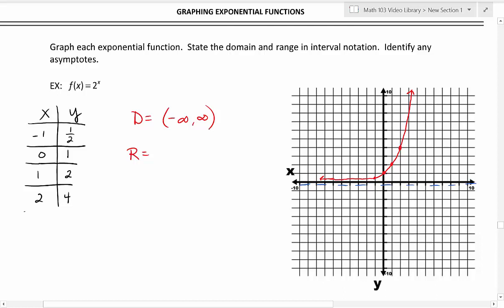The range, since we have that horizontal asymptote, our y values don't start until we're on the positive side of 0 and then extend to +infinity. Lastly, we want to identify the asymptote. We have a horizontal asymptote on the x-axis. So we say that we have a horizontal asymptote at y equals 0.